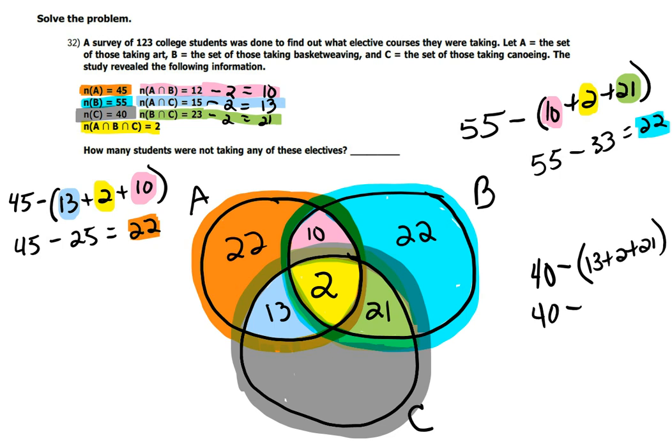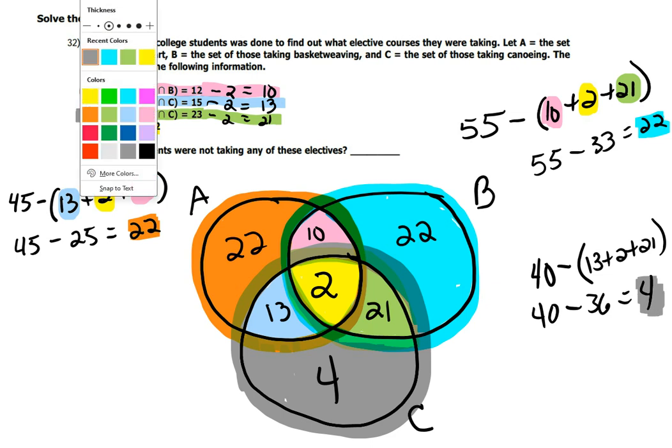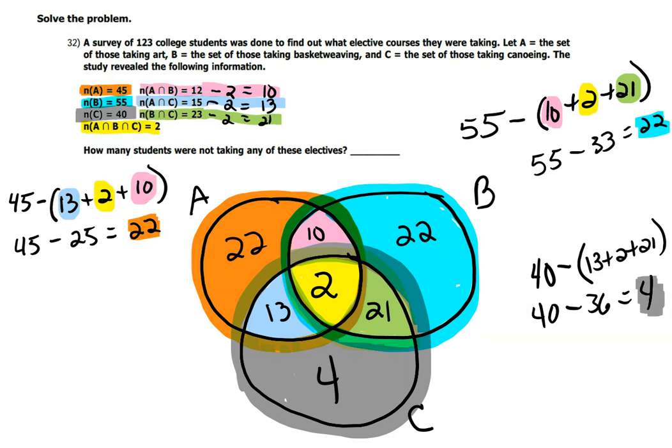So that's 40 minus 36, and so that ends up being 4. So the 4 is my gray region. And remember that the 13 came from that blue, the 2 came from the yellow, and the 21 is that green region. They're all in circle C.